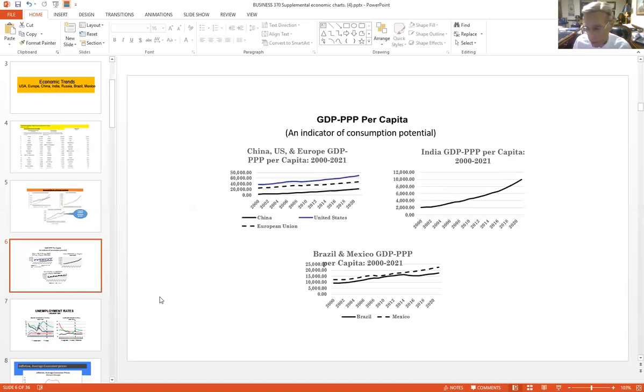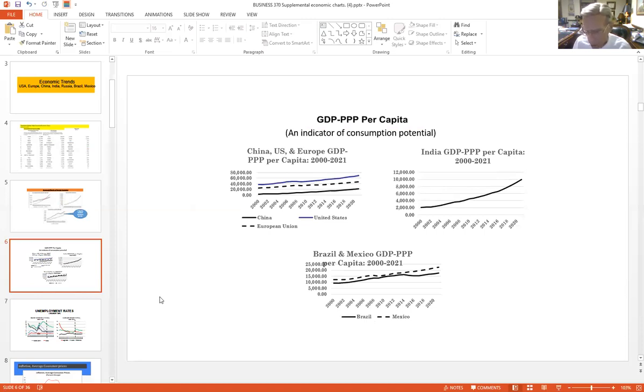So we need to plan for that and be aware that the consumption potential in India is growing quite rapidly, as it is in China. Although recent events, the conflict between the US and China in trading terms has sort of put everything on hold for a while, but most of us believe this is a temporary condition rather than a long-term one.